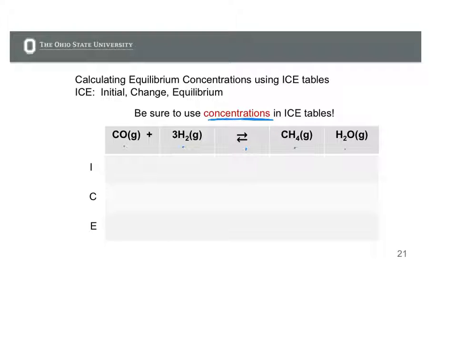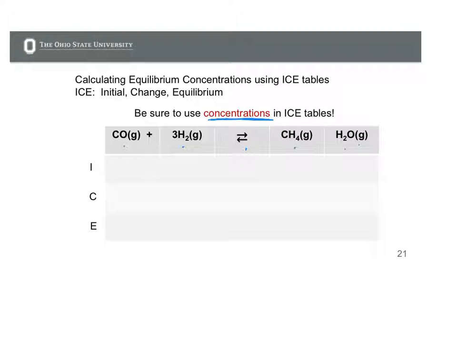We'll get to that in a little bit, but it is good to keep your phases listed. So I is going to stand for initial concentrations. What we'll see is we're often given initial concentrations of reactants and want to figure out equilibrium concentrations of everything.